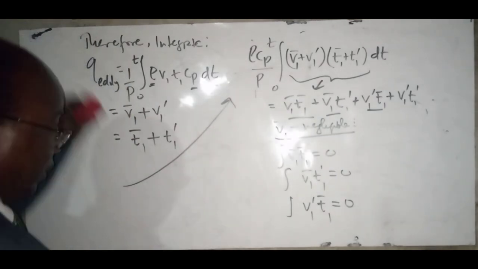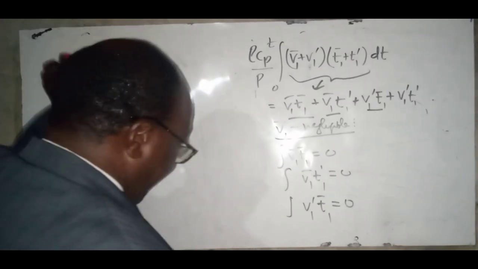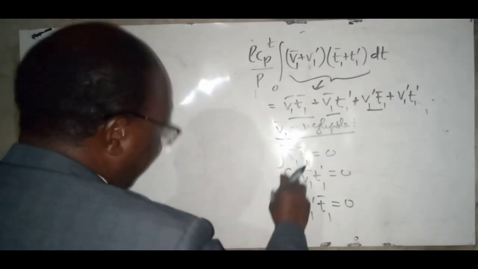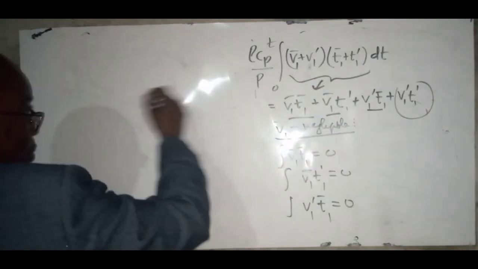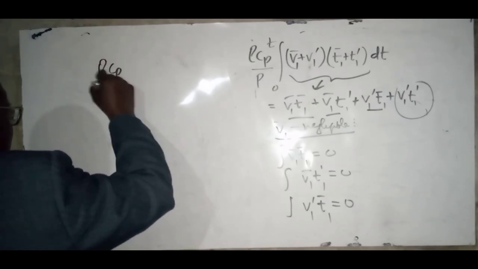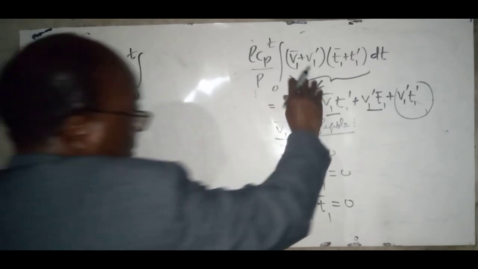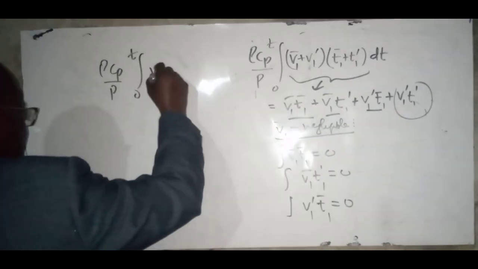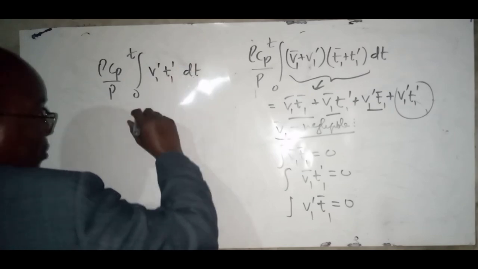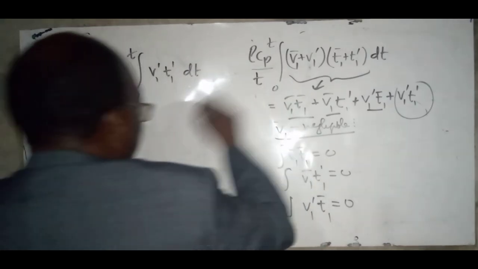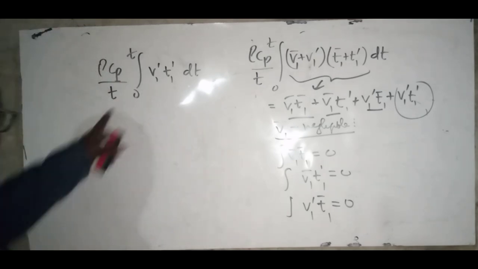So in a nutshell, the integral which we are left with will be this one here. We will have rho Cp over T, the integral from 0 to T, of V1 prime T1 prime. Wherever we put it, that was T, remember?